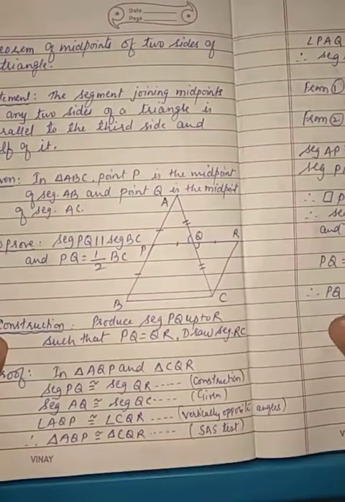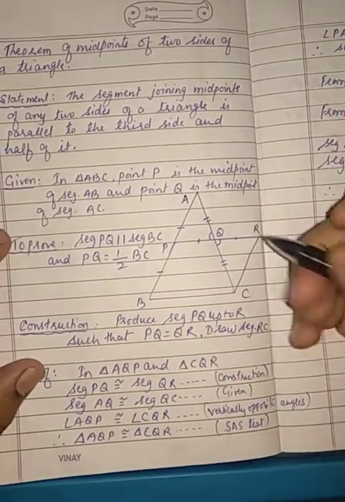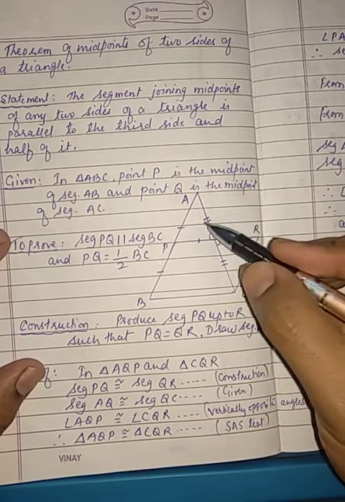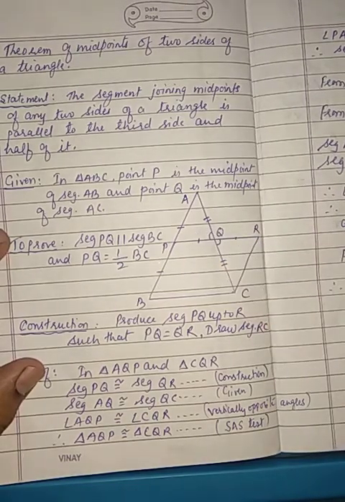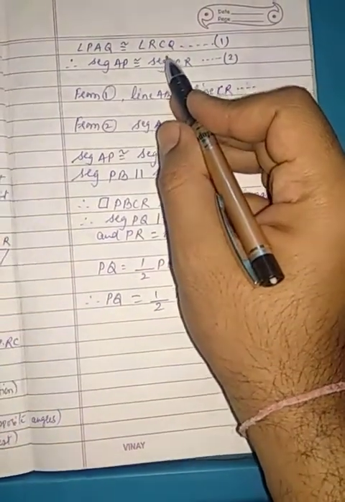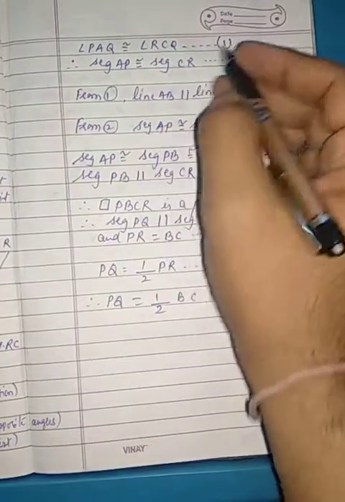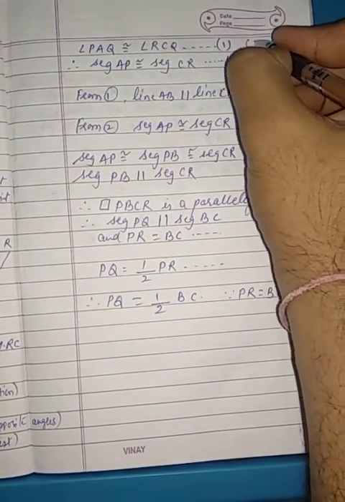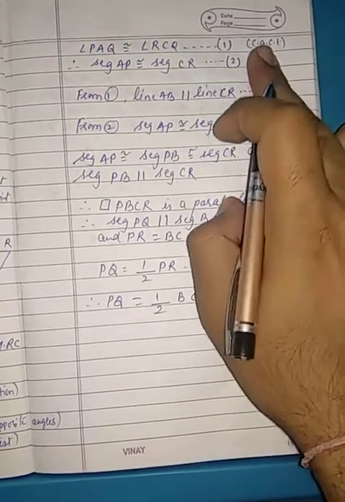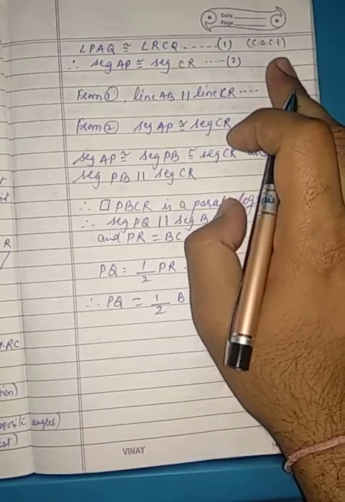Now when you prove that these two triangles are congruent, that means their corresponding sides and angles are also congruent. So let's see what we have here. We have angle PAQ congruent to angle RCQ. You have to write here the reason: CACT, corresponding angles of congruent triangles.